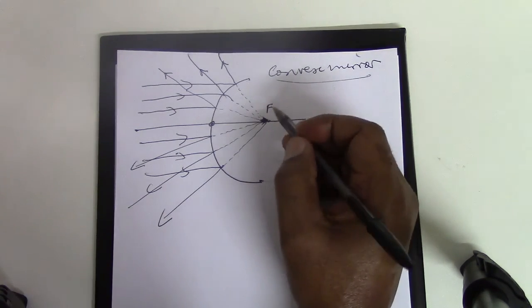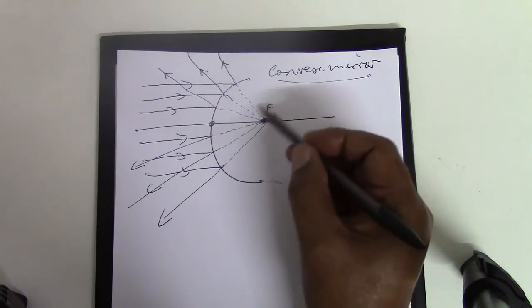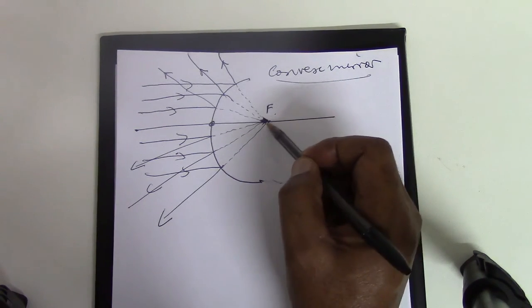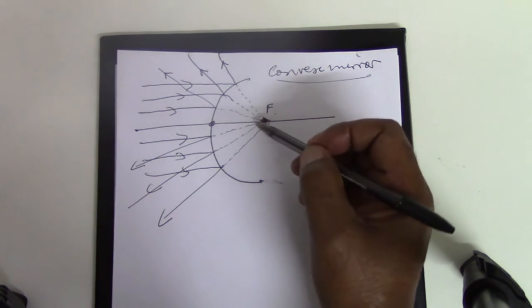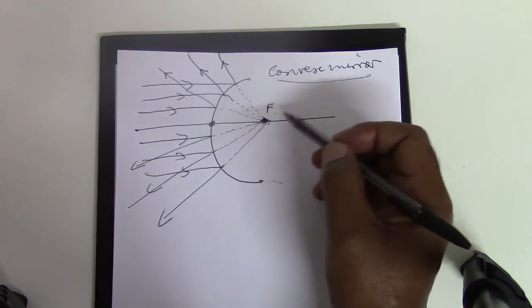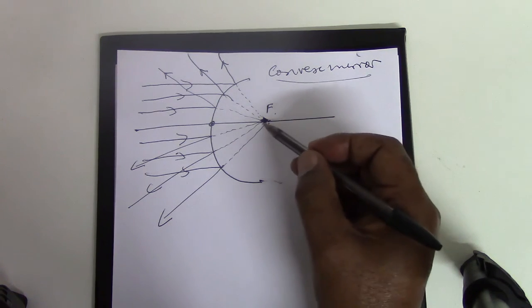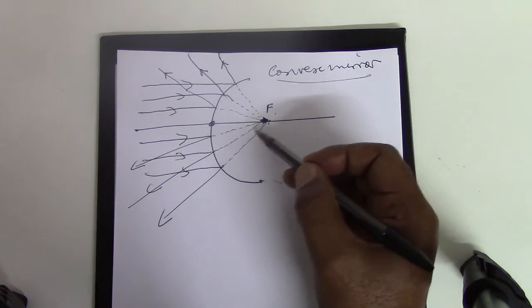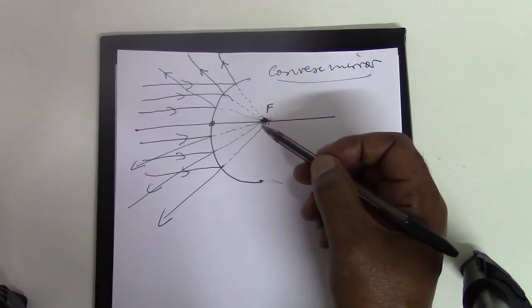In other words, it's a virtual focal point because no rays really arrive at that point. While in the concave mirror, it's not a virtual focal point, it's a real focal point because real rays of light actually pass through that point.